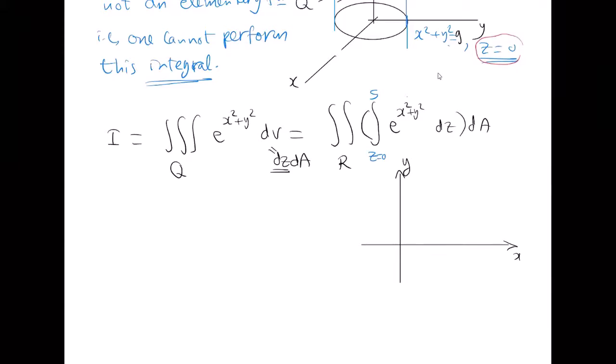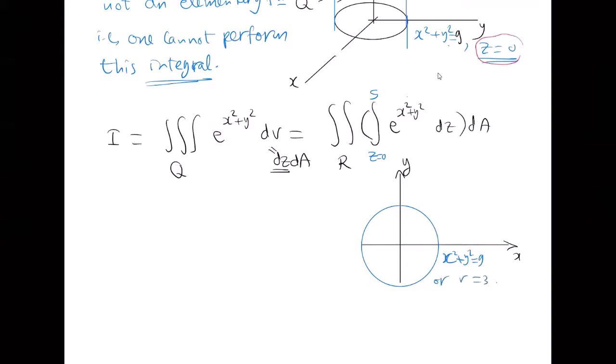And A is the projection of this solid on the xy plane, which is the circle you see, x squared plus y squared equals 9, or r equals 3.